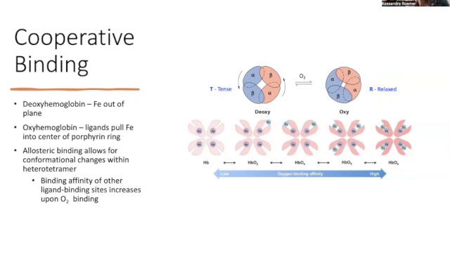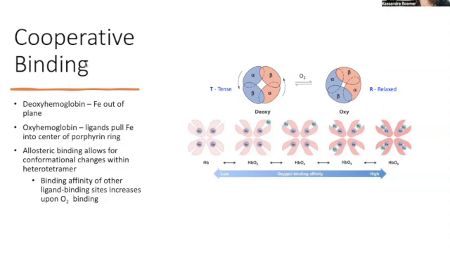And once the first oxygen binds, it forms that H bond with one of the histidine residues, and that leads to the iron being pulled into the plane, which changes the overall conformation of the heme groups, which then affects the conformation of all the surrounding heme groups. So that allosteric binding of oxygen allows for conformational changes within the heterotetramer.